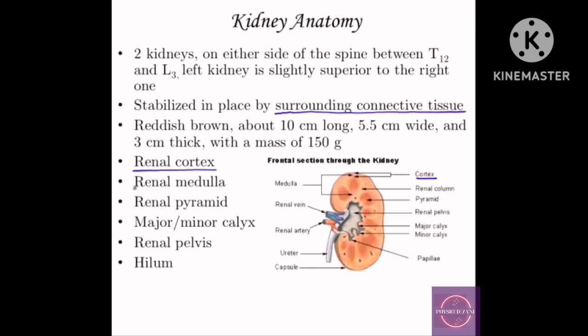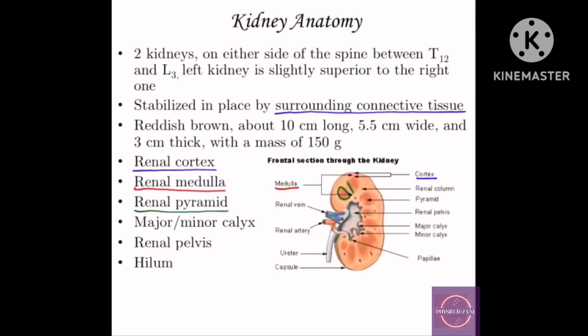The renal medulla, or medulla, some people pronounce it that way, that's a bit deeper, just like with the adrenal medulla. You can see that these little areas that kind of look triangular, that's really where most of the medulla is. And those are called renal pyramids because they do look pyramidal, triangular.